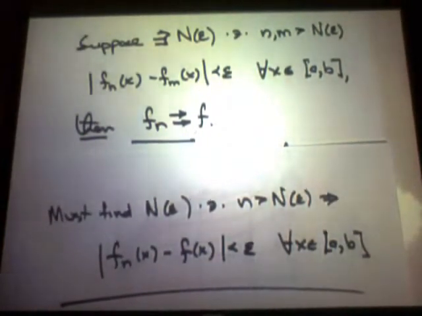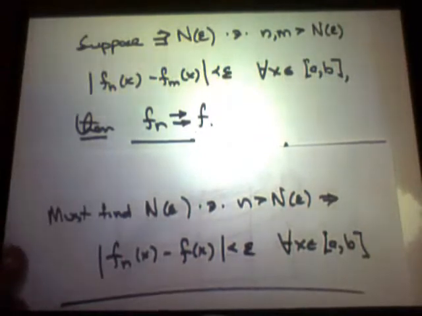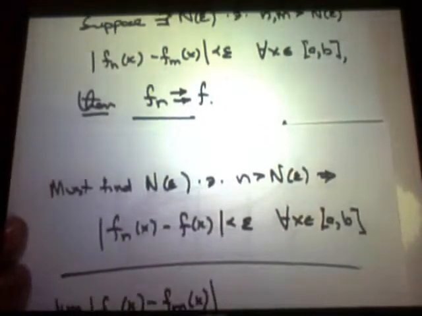Where's that come from? You'll laugh when we prove this. You know what you do? Standard way to prove this is to take this expression, take the limit as m goes to infinity. What would that be?